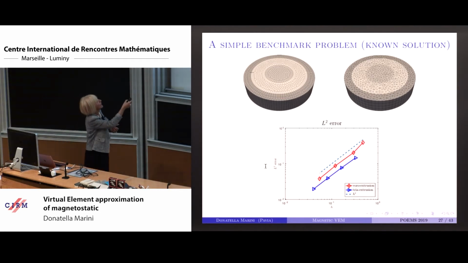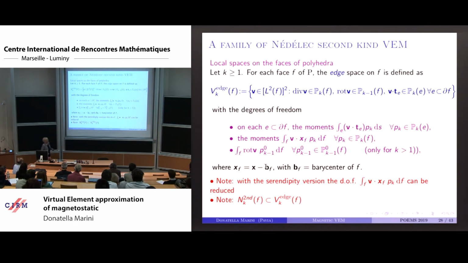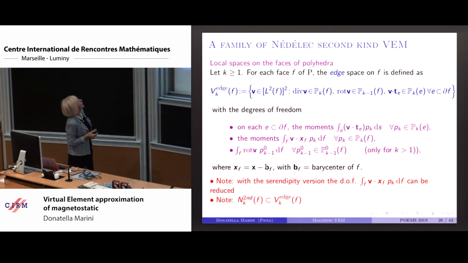These are examples of two meshes used, starting from a two-dimensional decomposition into triangles and then extruded into polyhedra, and again we have the slopes, order 1 in L2.